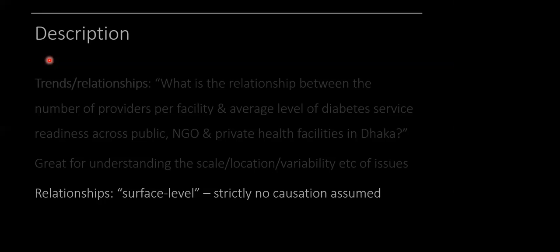So we're not assuming any causal relationship. We're not saying, just because this relationship exists, that shows that one thing causes the outcome to change. It's just we're describing what things look like on the surface level. So great for planning, great for understanding problems.